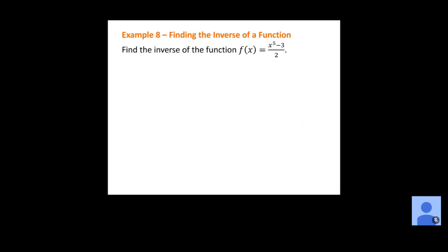So we're going to switch x and y, right? So if I rewrite this first as just y equals x to the fifth minus 3 over 2, swap your x and y. So x equals y to the fifth minus 3 over 2. And once we switch the x and y's, now what?